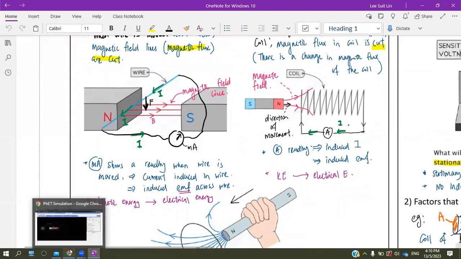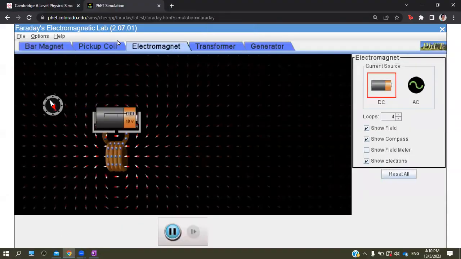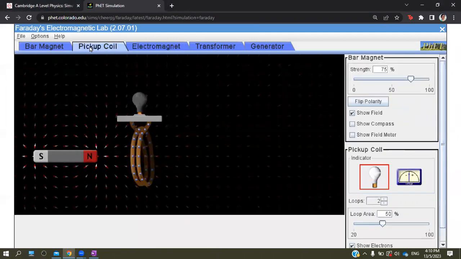Okay, and at the same time, here is another one. These little tiny arrows are your magnetic field lines.